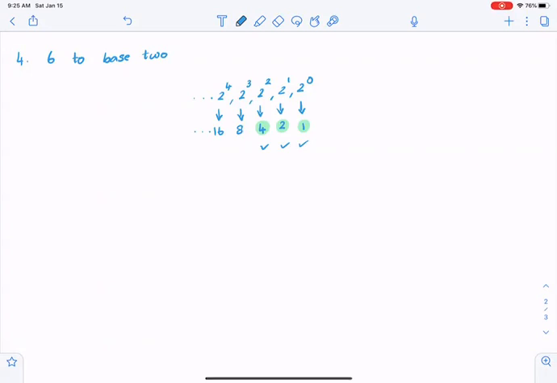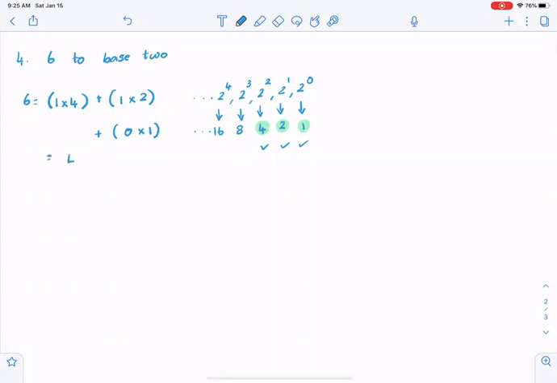So we go back and write 6. Using the corresponding powers. So 4, 2, 1. So if I put 1 there, 4 times 1 is 4. 1 times 2 is 2. 0 times 1 is 0.